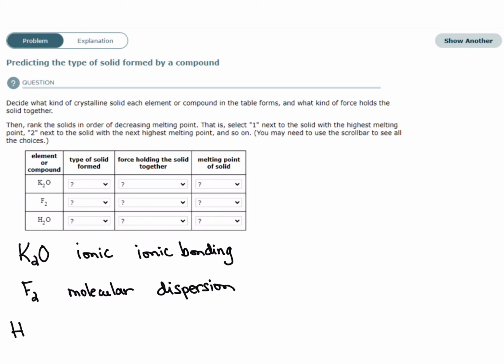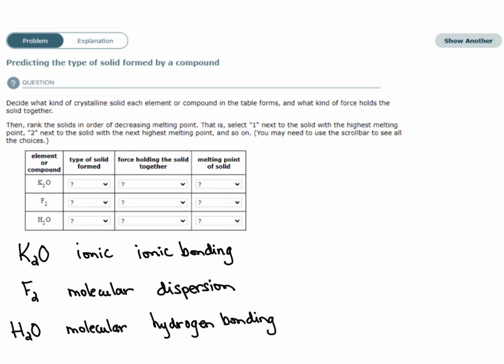And the third compound is H2O, 2 nonmetals coming together, which means it's molecular. And this molecular solid is held together by intermolecular forces, but if we draw out the structure of H2O, we see that hydrogen is bonded to oxygen, which means it's held together by hydrogen bonding. Okay, now let's examine the forces.